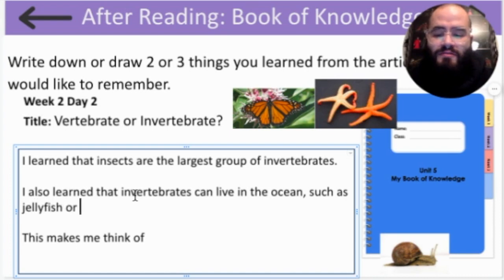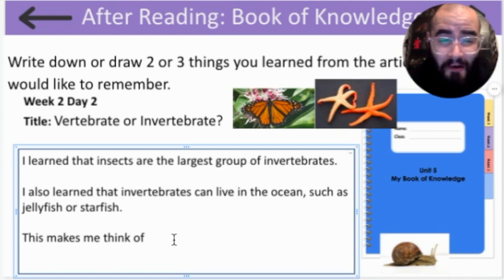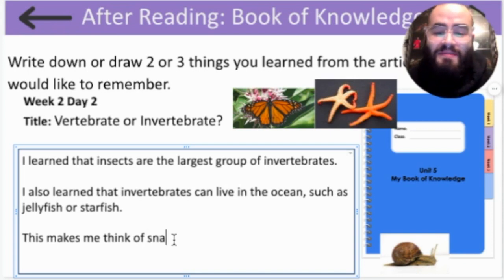Jellyfish, starfish, both invertebrates. This makes me think of snails. I love snails, and they are also invertebrates because they do not have a backbone.